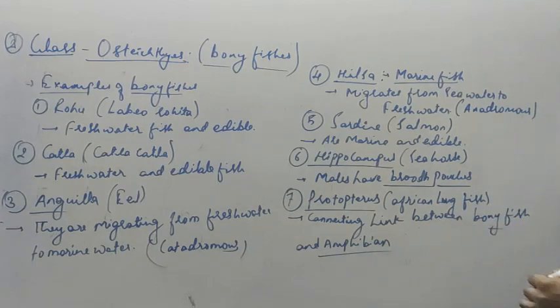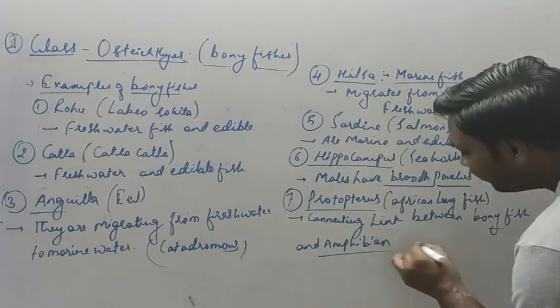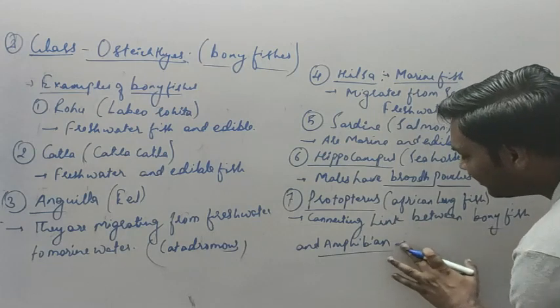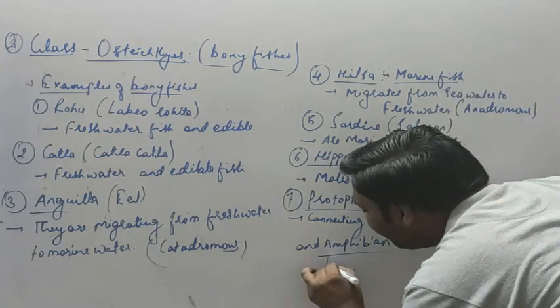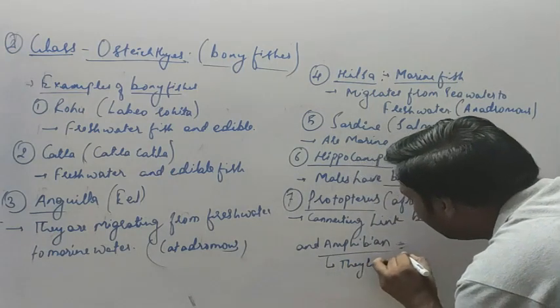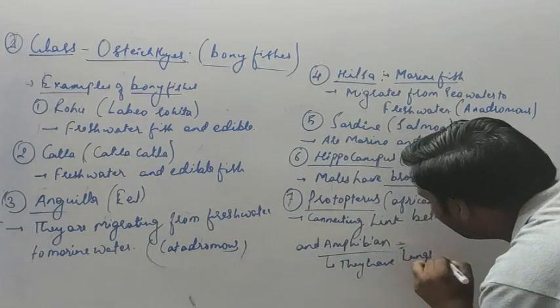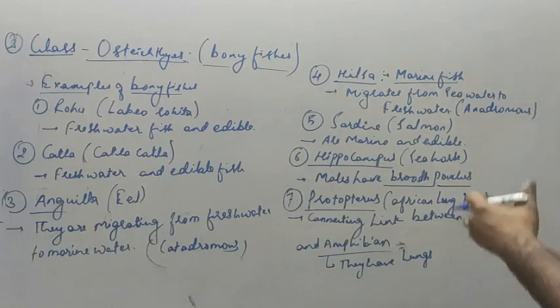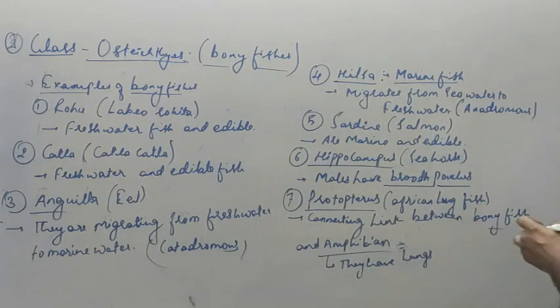Then apart from that, as the amphibian character, the lungfish has lungs, they consist of lungs. Also they possess gills, similar to those seen in bony fishes.